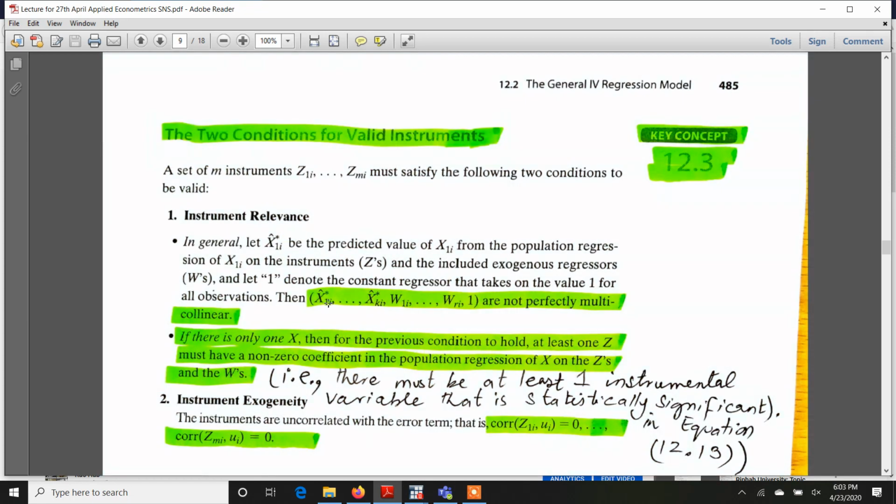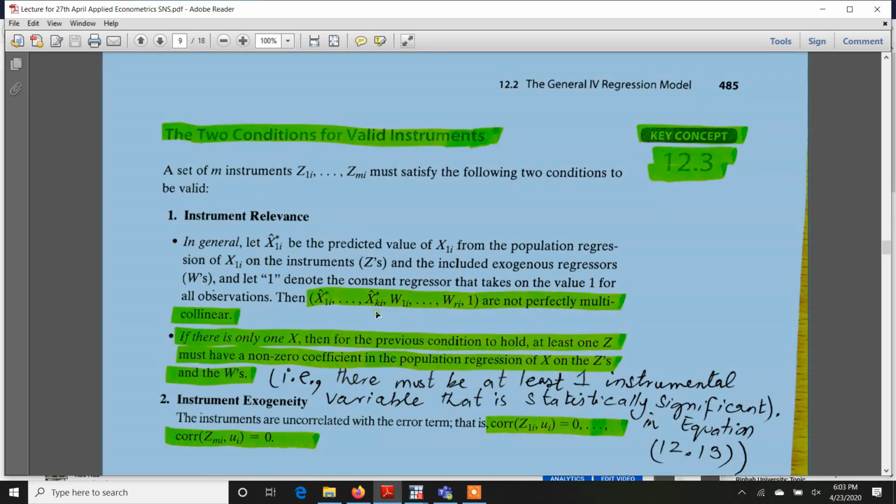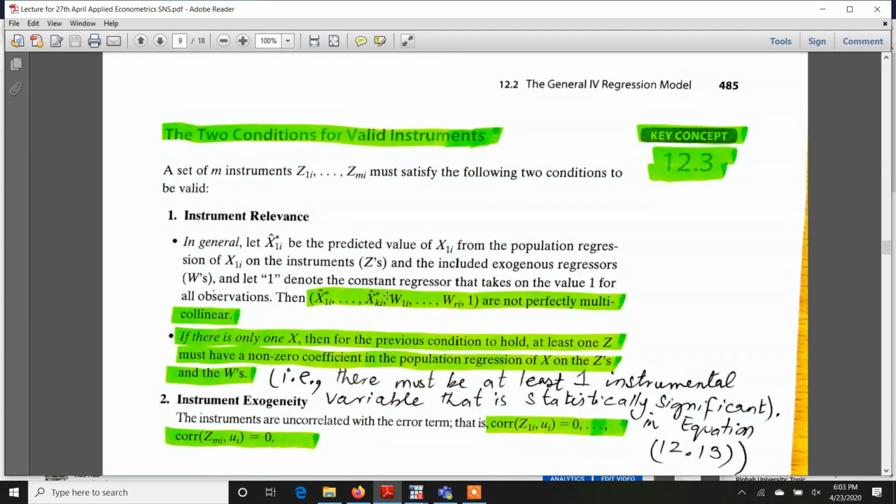First of all, the instruments and the exogenous variables are not perfectly multicollinear, right? That is, there is no issue of perfect multicollinearity between the predicted values of the endogenous variable and the initial exogenous regressors.